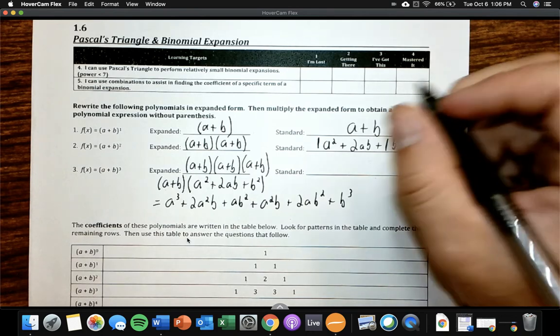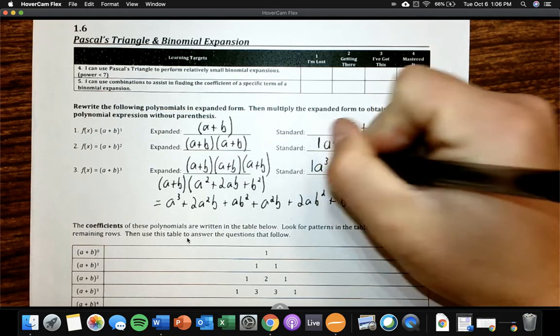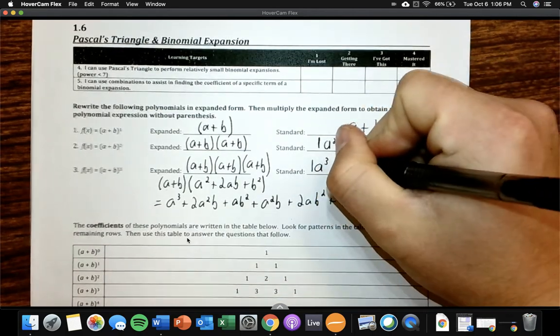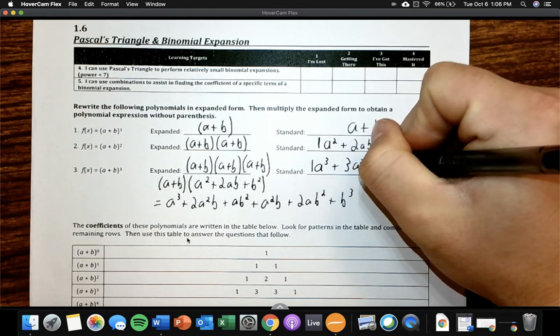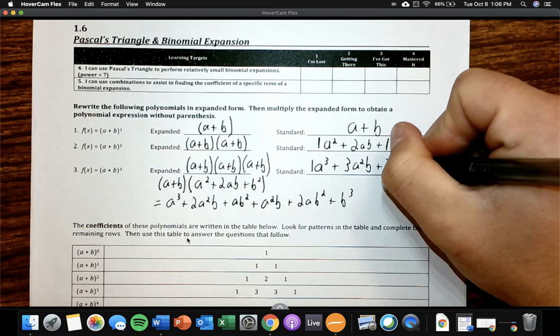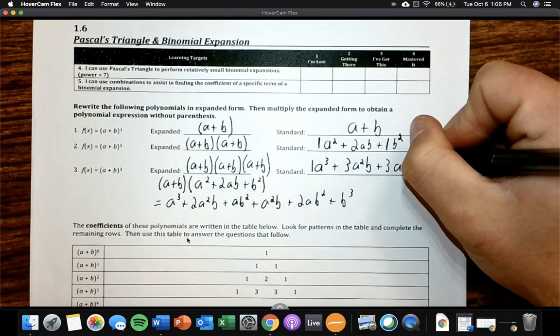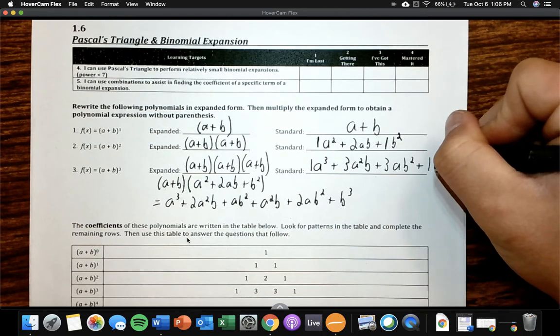And we can clean that up, and I'll add the coefficients again. So we'll have 1 times a cubed plus 3 times a squared b plus 3 times ab squared plus 1b cubed.